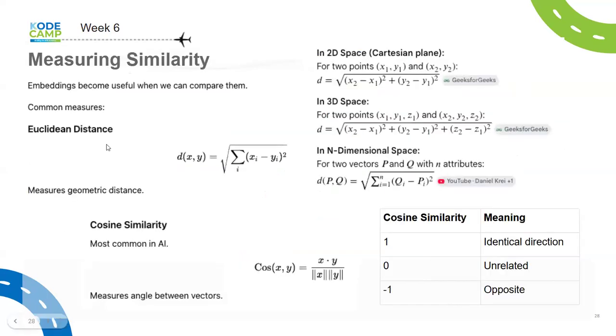Based on what I have explained, Euclidean distance is basically the square root of the sum of the square of the distance between the x and the y coordinates, which I just said. So for each data point, or for each embedding that you want to calculate the distance, it's just xi minus yi.